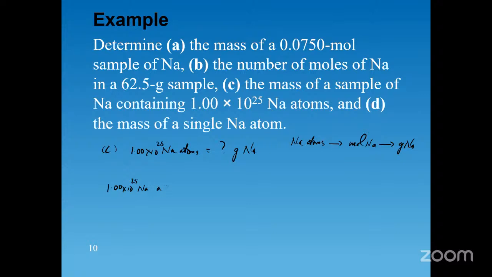We'll start off with the 1.00 times 10 to the 25 sodium atoms, right? So my question to you is, how would we accomplish the first step going from here to here? In other words, what would be up here as a numerator and what would be down here as the denominator?